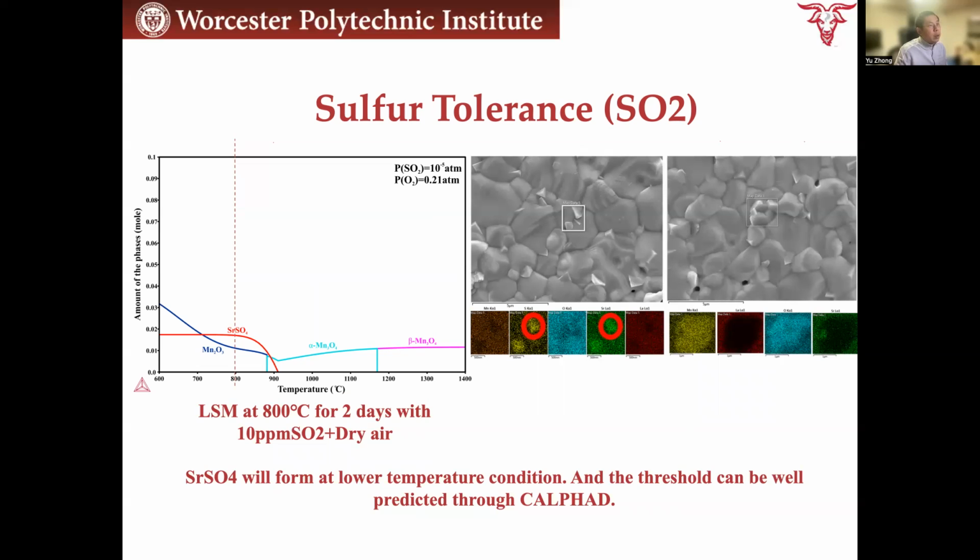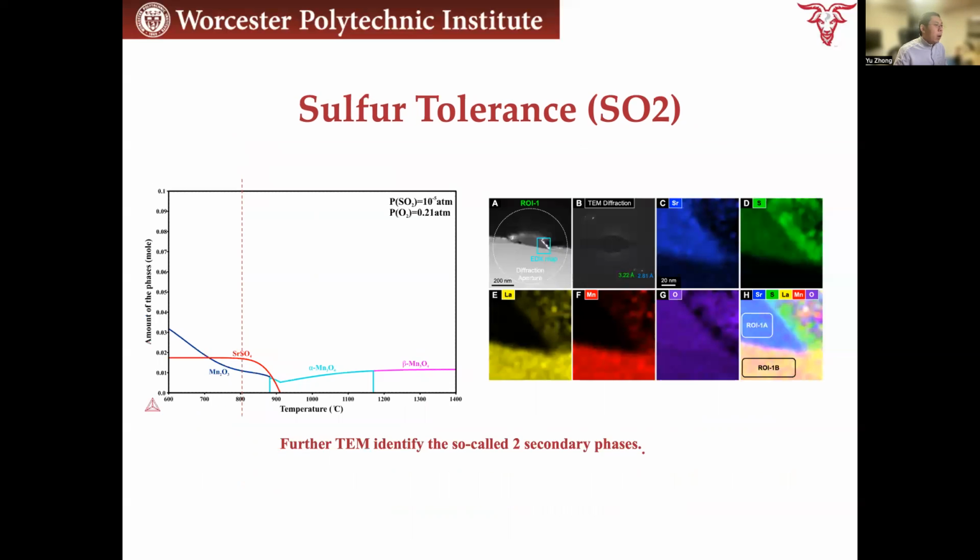We did the experimental characterization, and it does show the formation of those phases. But these are SEM, EDS analyses, which may not be that reliable. That's why we also tried the TEM analysis. It does show these two phases actually forming there. And we just recently published a paper on this.